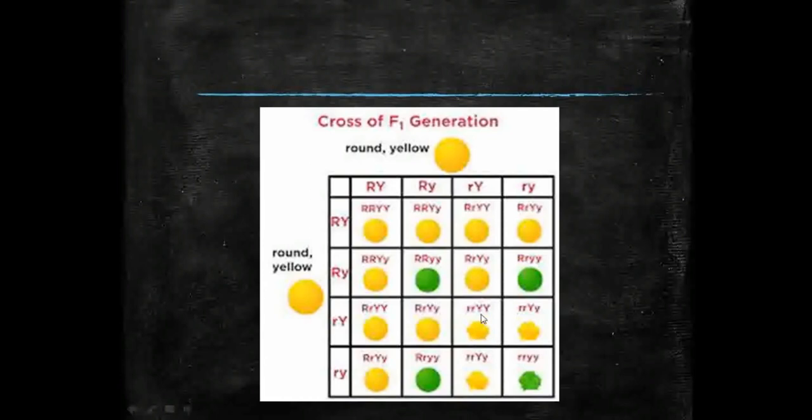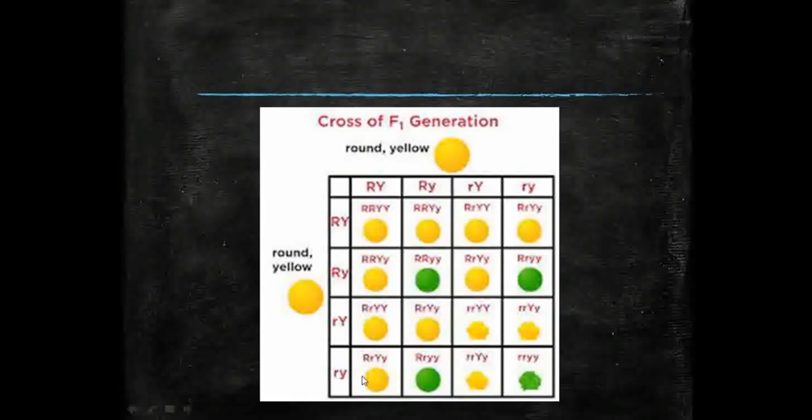But as there is a capital Y, which stands for the yellow color, so this is a wrinkled and yellow colored seed. This is also the small r and capital Y and small y, so this is also the yellow color and wrinkled seed.